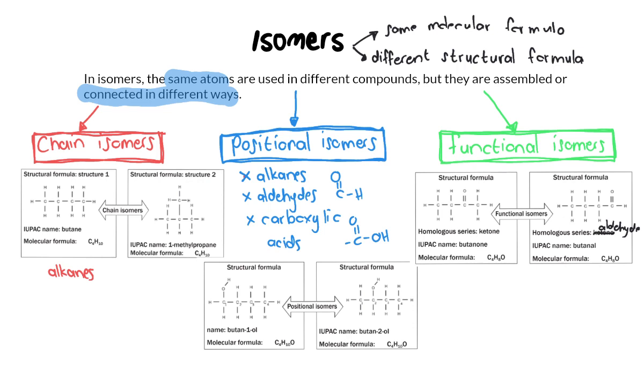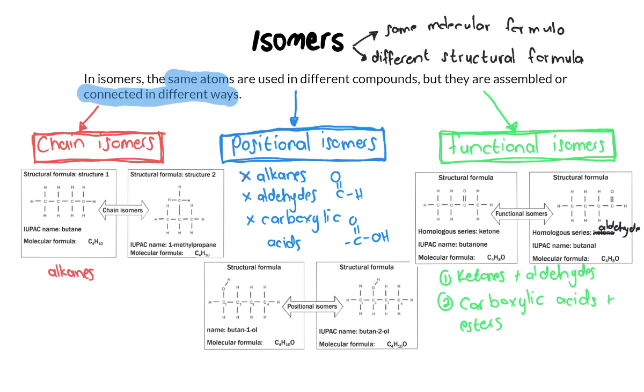So this is the one example. We have the ketones and aldehydes. They are always functional isomers. And the other example is carboxylic acids and esters. So they always have the same molecular formula, but they are actually in different families.